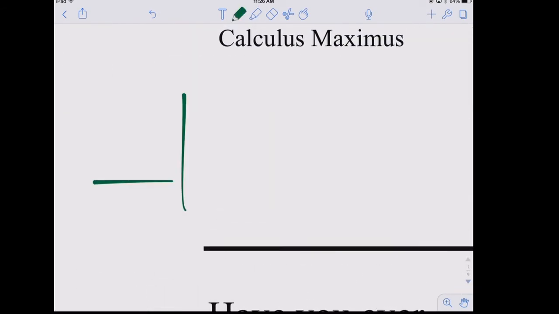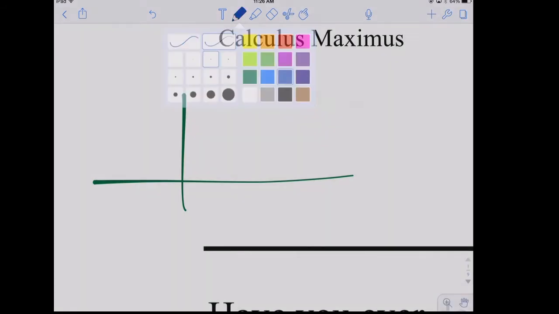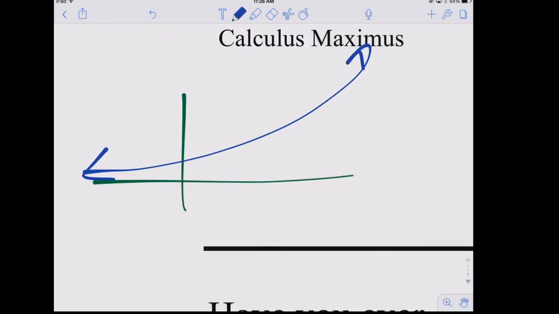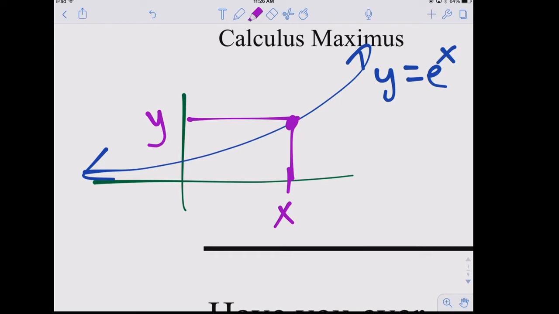A 1-to-1 function would be something like e to the x or something like that. There's one of your parent functions. Notice that you pick any x, that x is faithful to this y. And notice that y is also faithful to that one x. That's what makes it 1-to-1. So a 1-to-1 function is, first of all, a function, but it also passes the vertical line test, I should say.